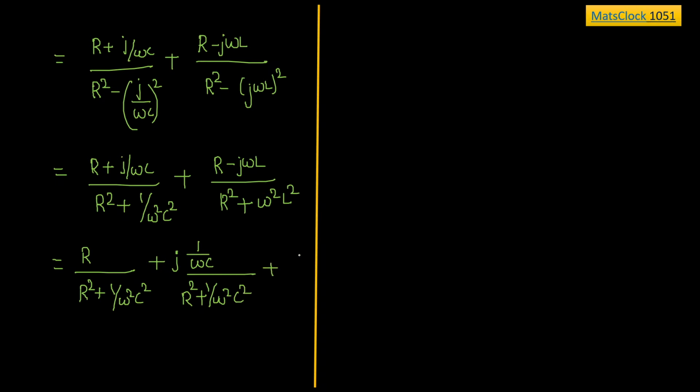For the second term, once again, the real part will become R upon R square plus omega square L square. The imaginary term is minus j times omega L upon R square plus omega square L square.